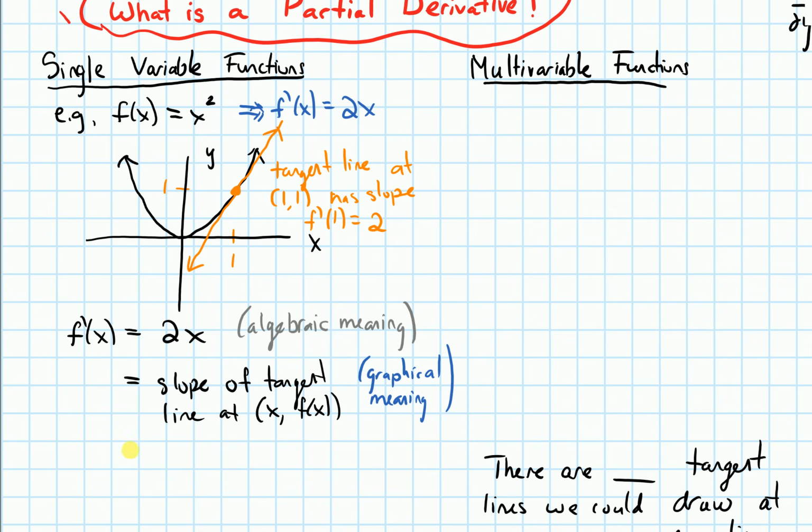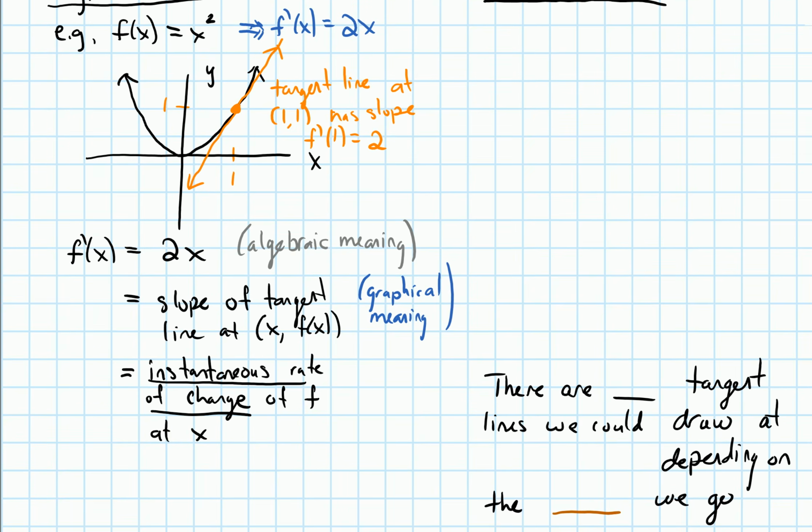But I can also think of the derivative as representing what's called the instantaneous rate of change of our function at whatever x value we're talking about.